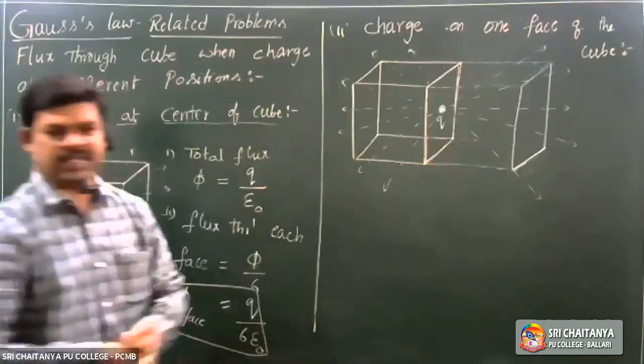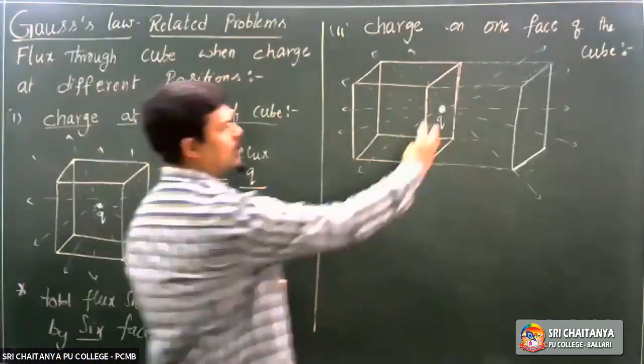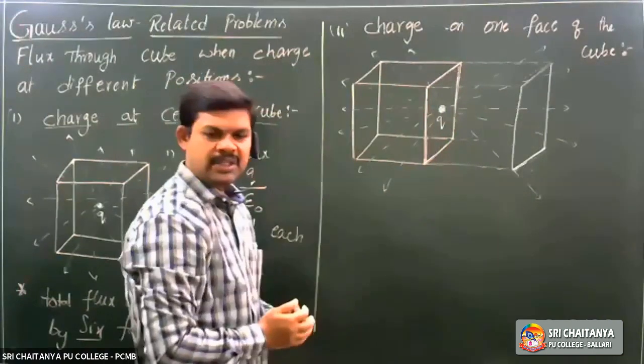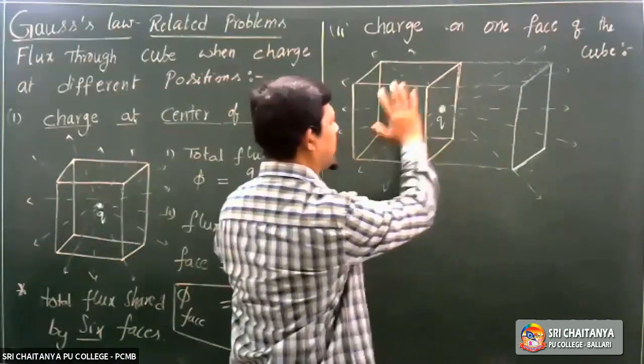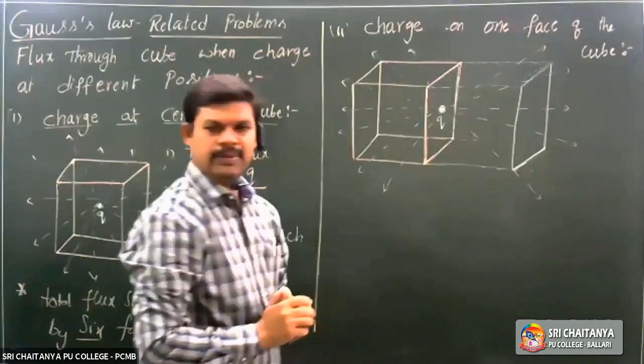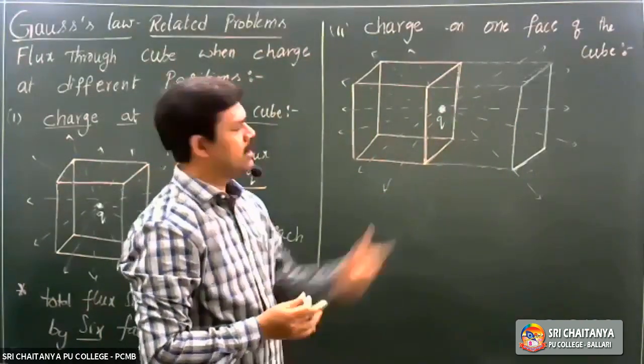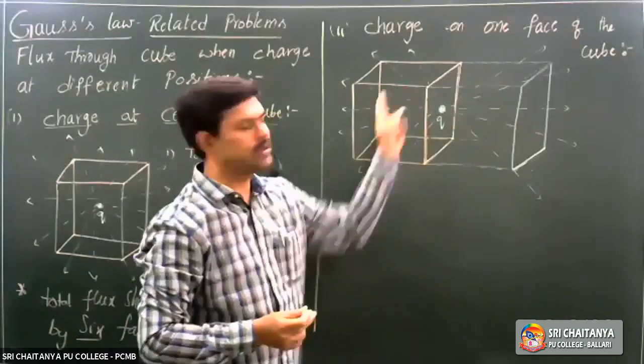From that you understand, the total flux coming from the charge is shared by this cube and this cube. Total flux is shared by two cubes.